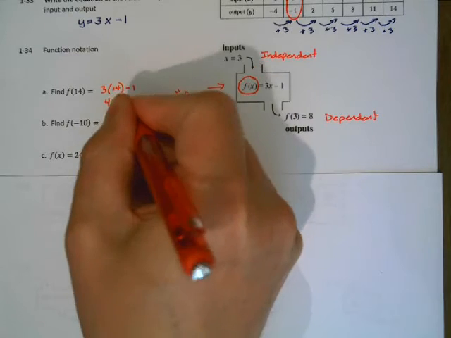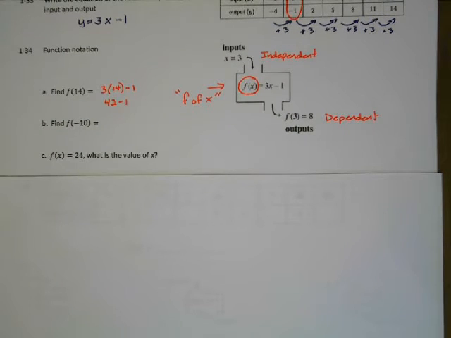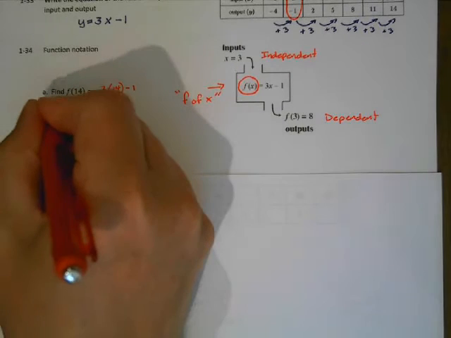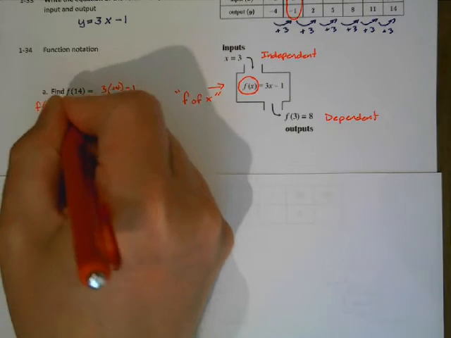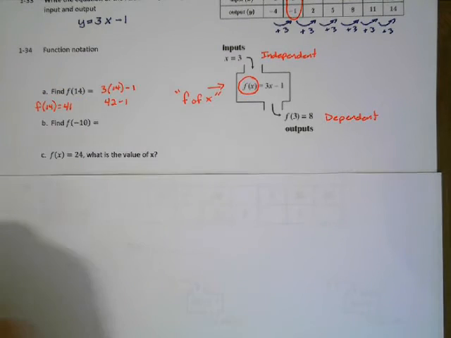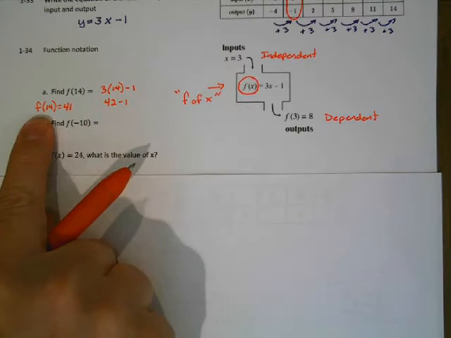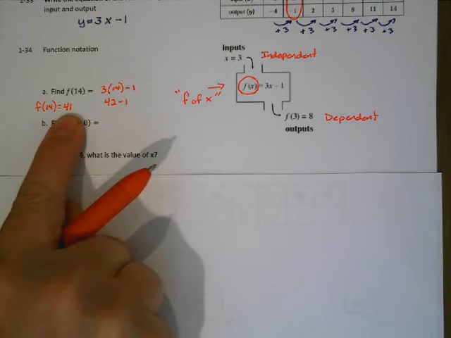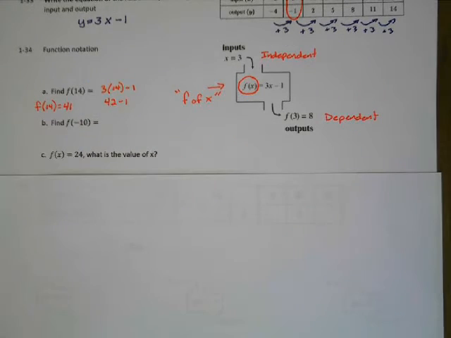And 42 minus 1 is 41. So f of 14 is equal to 41. So the output, which is dependent on the input being 14, is equal to 41. So f of 14 equals 41.